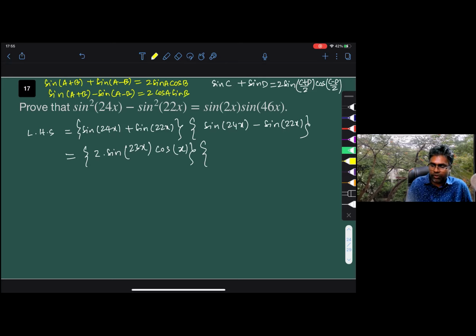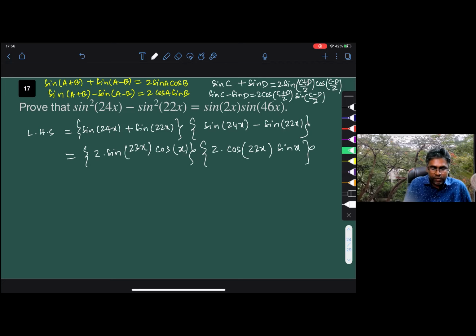Now this also you can write this way: sin c minus sin d will be 2 cos of (c plus d)/2 into sin of (c minus d)/2. So we'll write that here. It will be 2 cos of (c plus d)/2, so that is 46 by 2, so 23x. And (c minus d)/2 gives sin x.